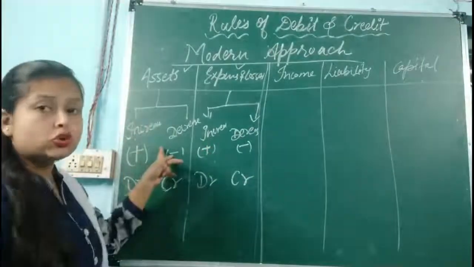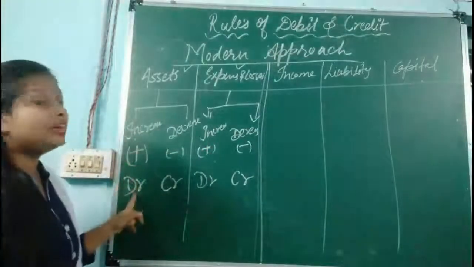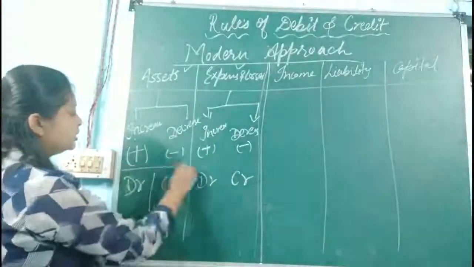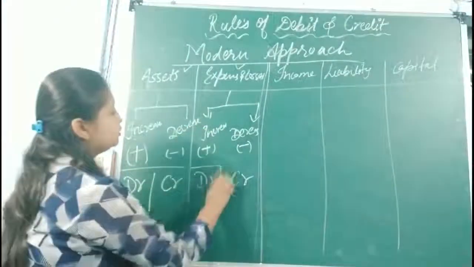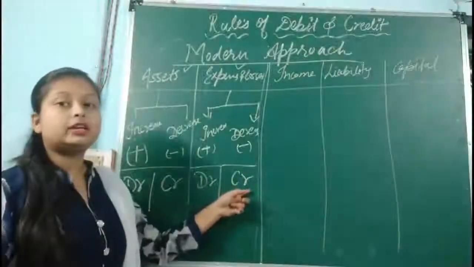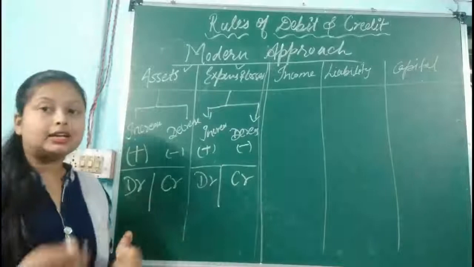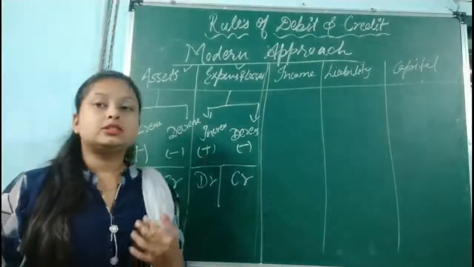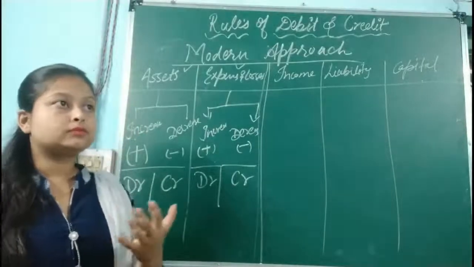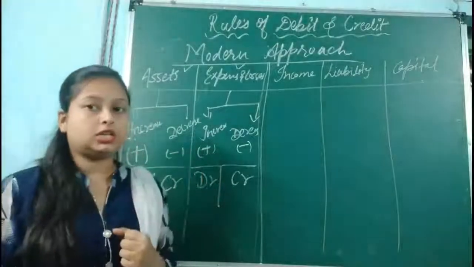If asset is going to increase, plus debit sign we are going to put. And if expenses are going to increase, debit we are going to put, and if they decrease, credit, here also credit.